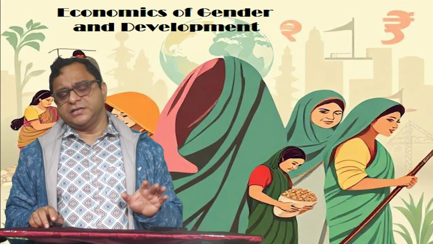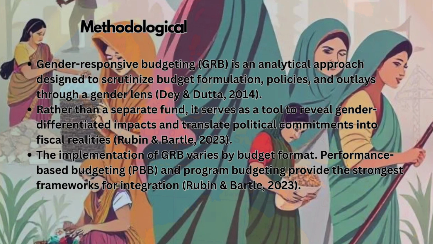Now, let us look at the methodological framework of gender responsive budgeting, or gender budgeting as such. Gender responsive budgeting is an analytical approach designed to scrutinize budget formulation, policies, and outlays through a gender lens. Rather than a separate fund, it serves as a tool to reveal gender differentiated impacts and translate political commitments into fiscal realities.